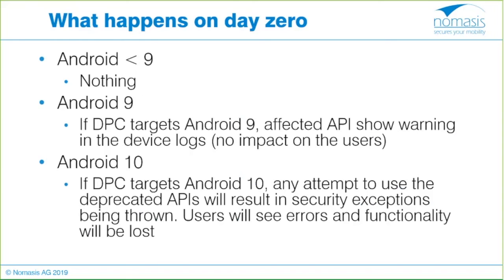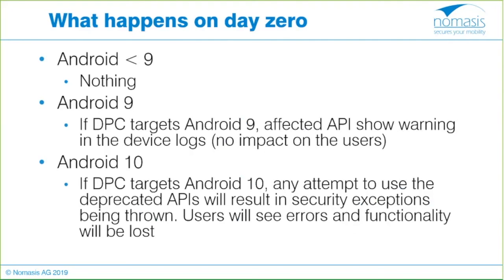But first of all, if you have Android before 9, nothing will happen. If you have Android 9, you will only see a warning if the device has a DPC that targets Android 9. And if you have Android 10, again, you will see a security exception, an error, and loss of functionality only if the DPC targets Android 10. So it's not directly related to the OS version.